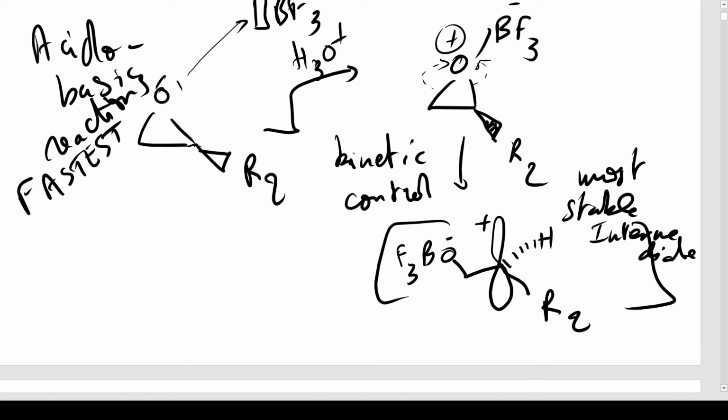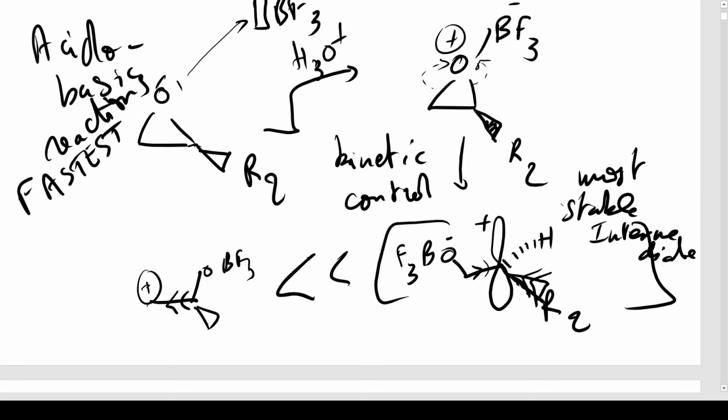So this one is the most stable intermediate because the carbons give more electrons. You have two carbons giving electrons, and in that form you have only one giving electrons. So this carbocation is more stable than this one.